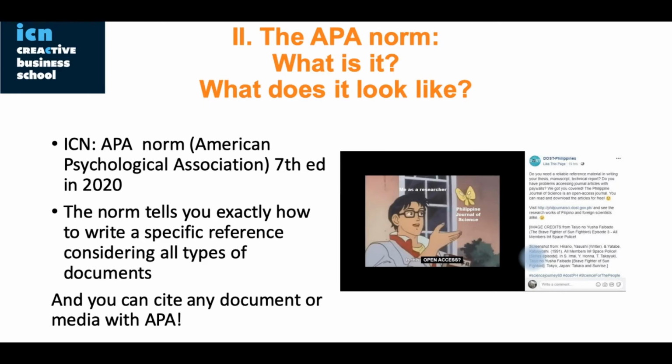That norm tells you exactly how to write a specific reference considering all types of documents, because if you wanted to cite a journal article, but also a video taken from a website and a report, you could, because the good news is, of course, you can cite any documents or media with APA.